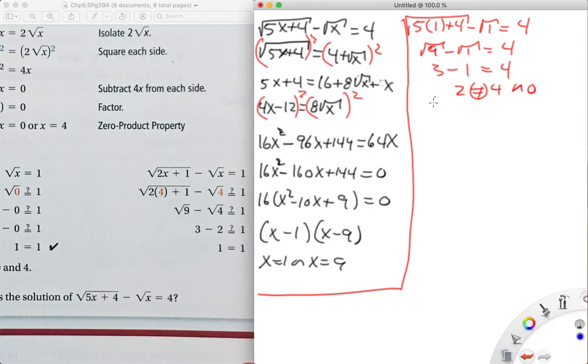Alright, so let's try 9. The square root of 5 times 9 plus 4, minus the square root of 9 equals 4. 5 times 9 is 45. And 45 plus 4 is 49.